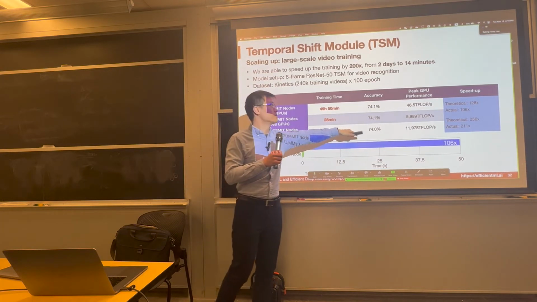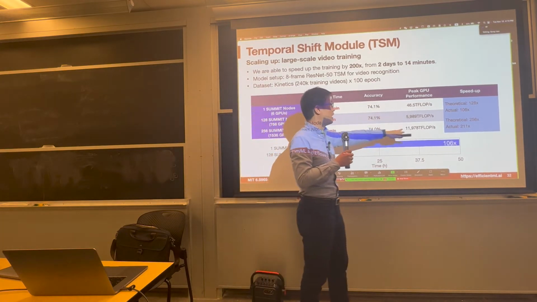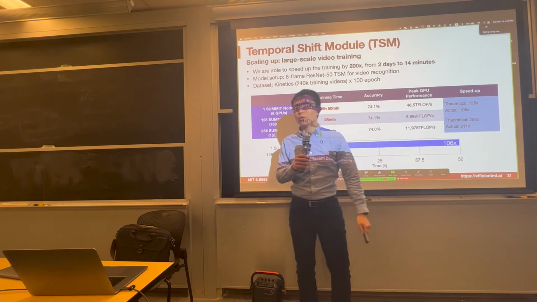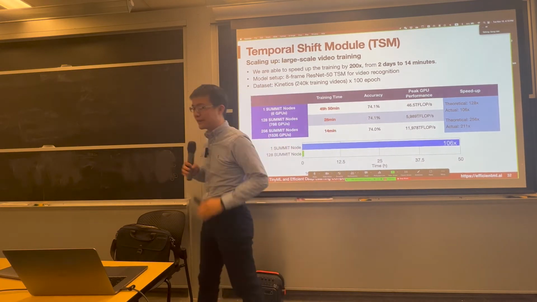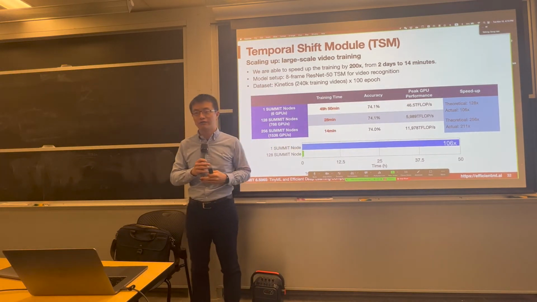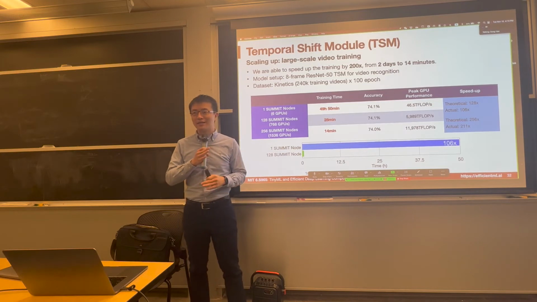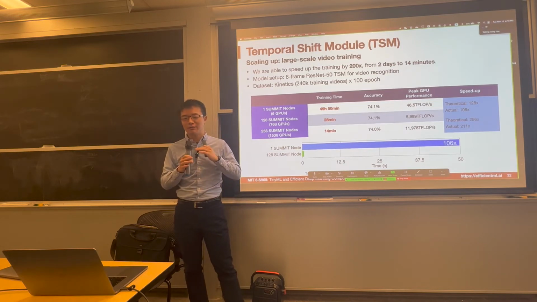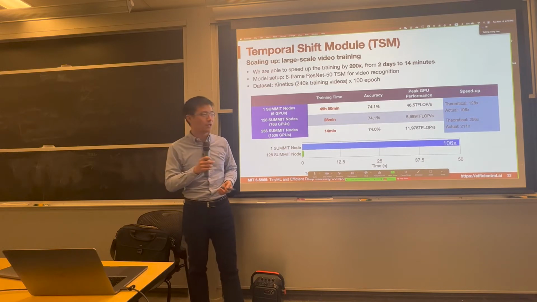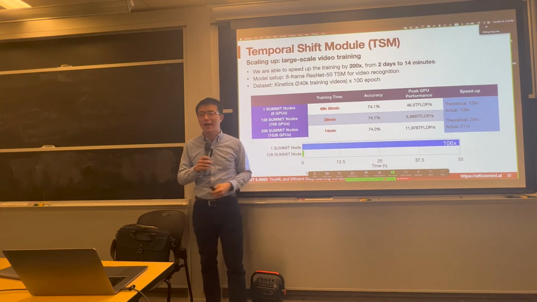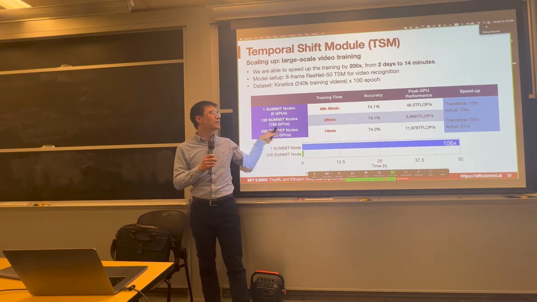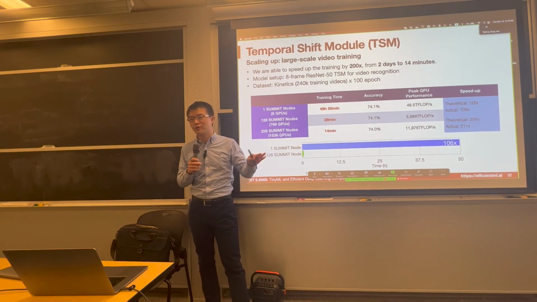We can achieve similar accuracy, okay? But the actual speed up is 211 times. Okay, so that shows the power of good scalability by designing the model that is communication efficient, I/O efficient, and also has fewer flops, so that we can make it very scalable, utilizing a lot of GPUs to reduce the training time.